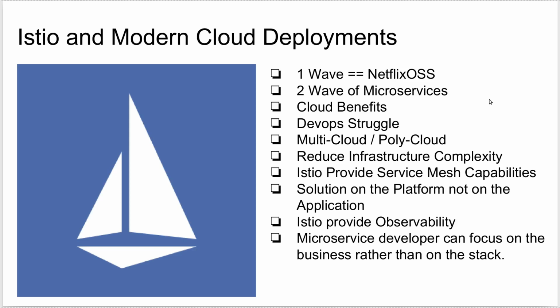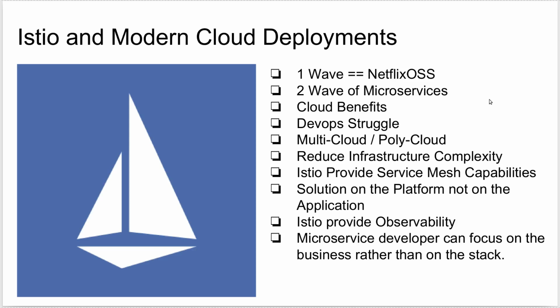We could say pretty much like end of 2017, 2018, where Istio is leading the way, with the combination of Kubernetes, Istio, and Envoy, which is a proxy from Lyft. So we still have the same benefits of the Netflix OSS stack.